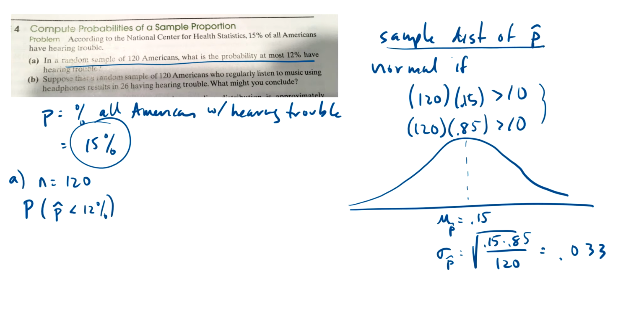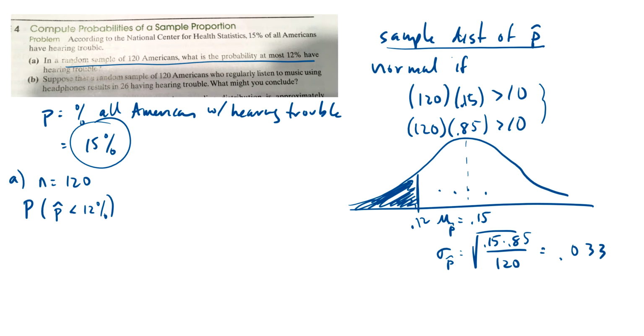Okay, that's the main thing to catch. These are sample percents. So what's the chance that I get a sample of 12%? Right, at most 12%. So 12% or fewer. Okay, likely or not. So the probability that my sample is less than 12%.